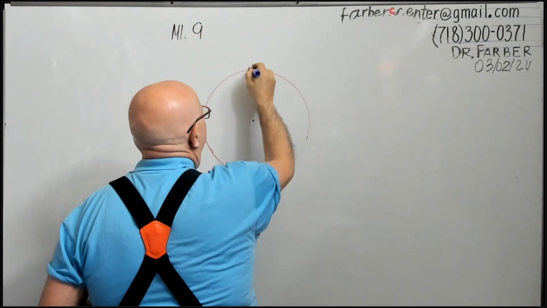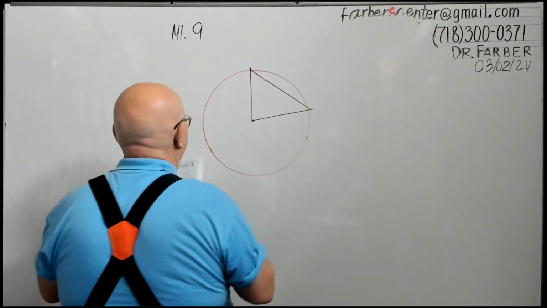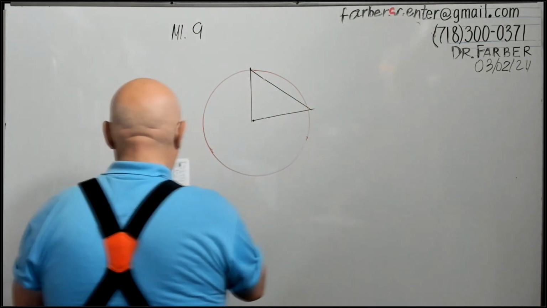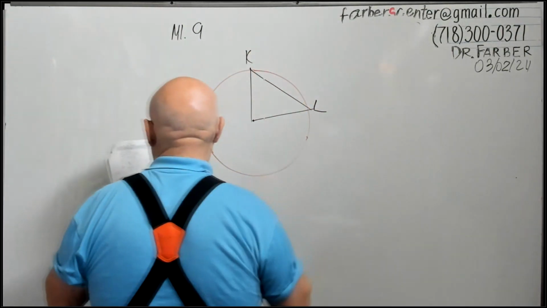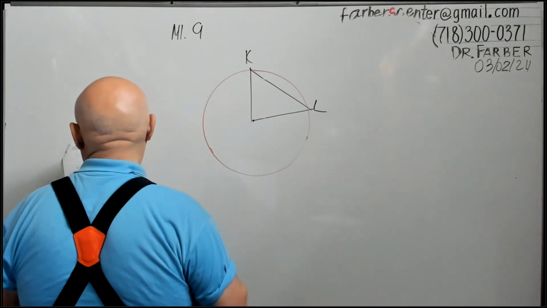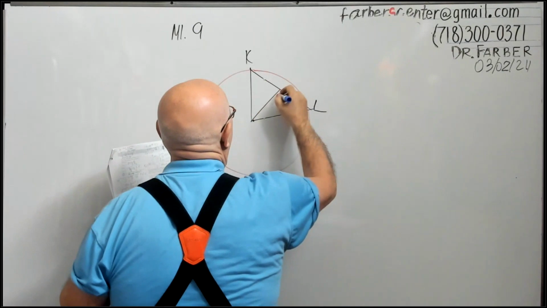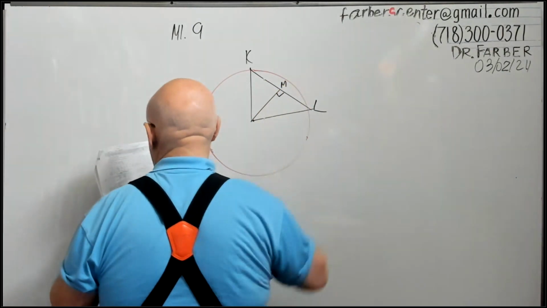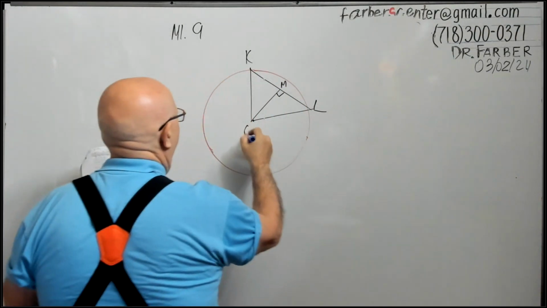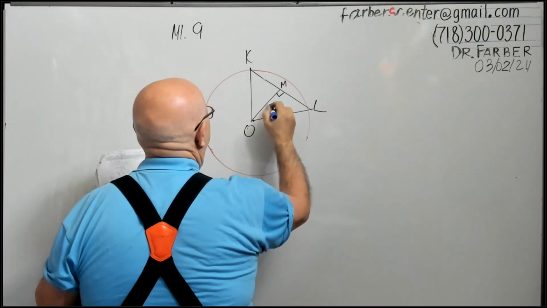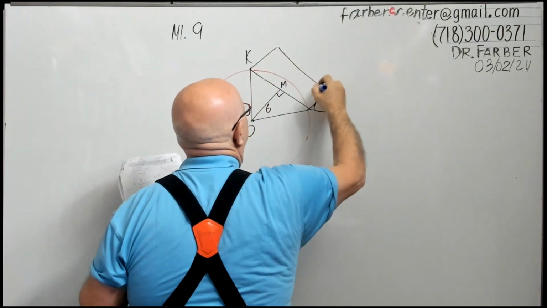And I connect this by radii, and this is KL, and this, what is it, D, KM. And they set this 4. So this is 6, and this is 12.